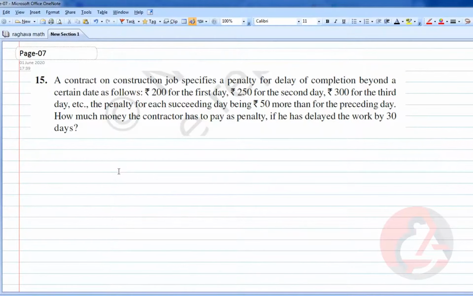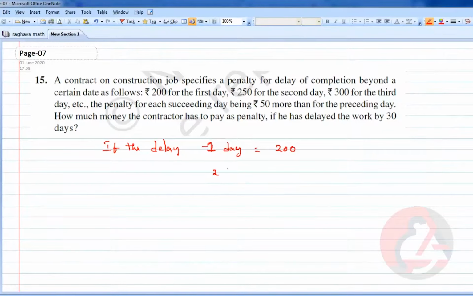A contractor on constructing a job specifies a penalty for delay of completion beyond a certain date as follows. If the delay is 1 day, the penalty is 200 rupees.